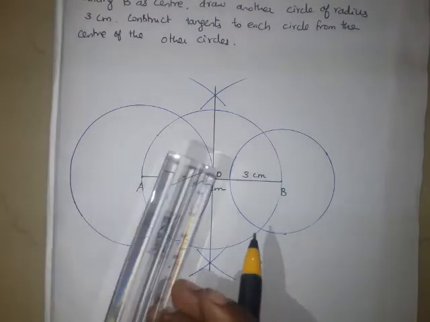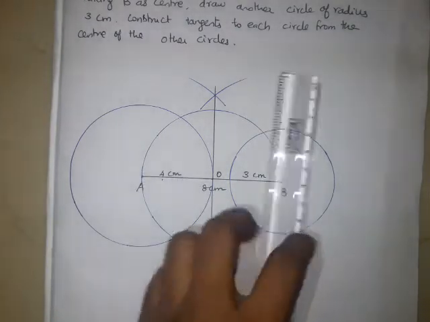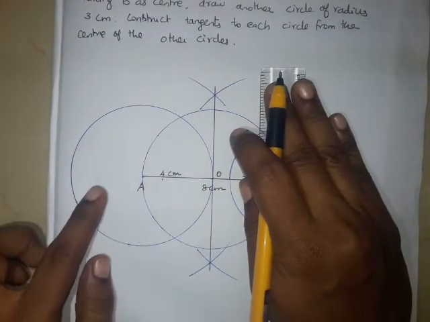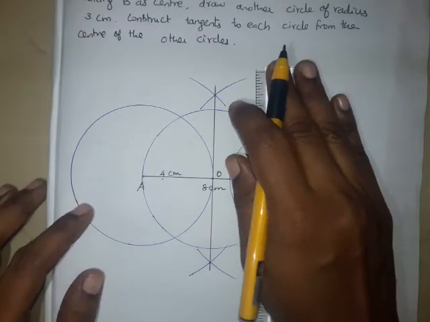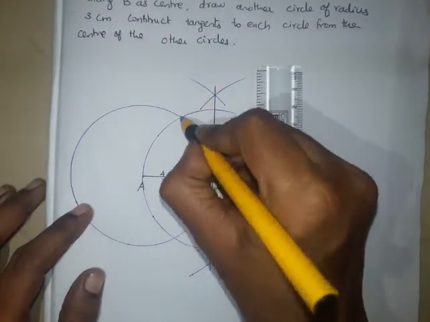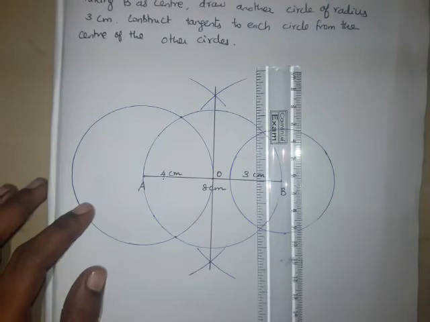Now consider only the first circle, 4 centimeter circle, and the new circle. These two circles are intersecting at these 2 points.